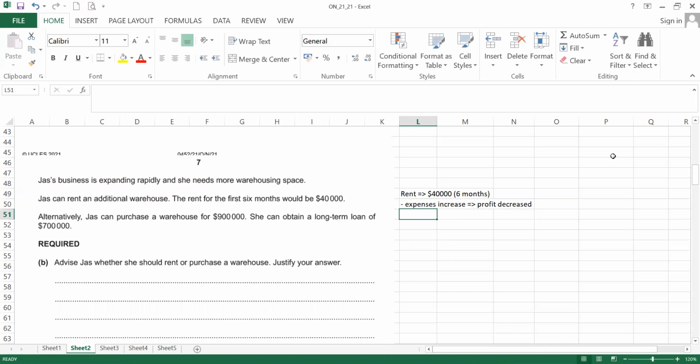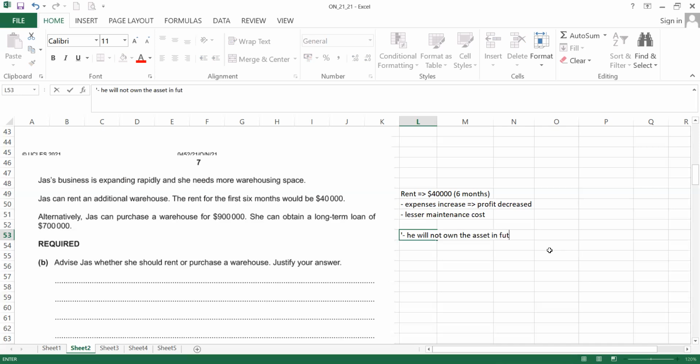Now next, when you rent, there is lesser maintenance, because normally maintenance cost is included, unless the building belongs to you. Now next, the disadvantage. The disadvantage of renting is that he will not own the asset.